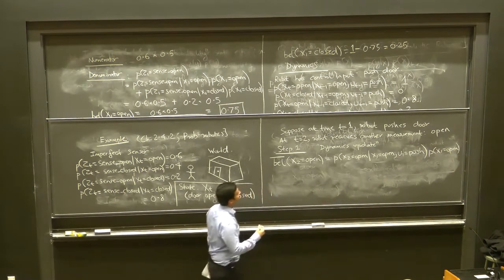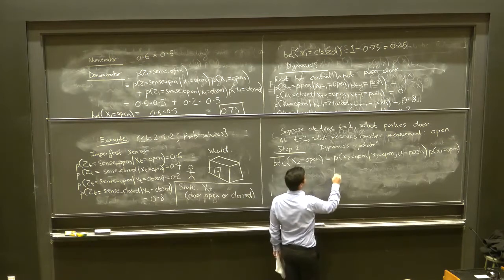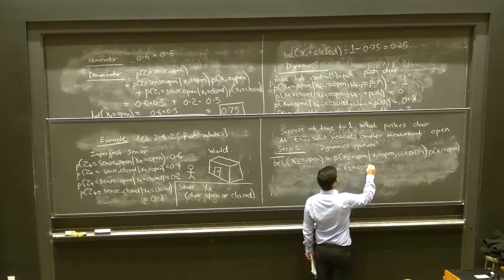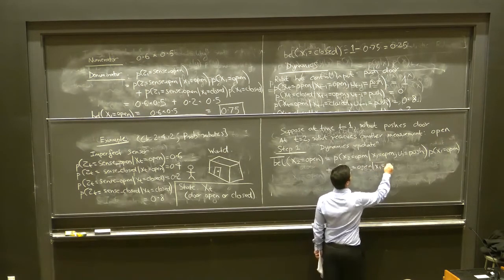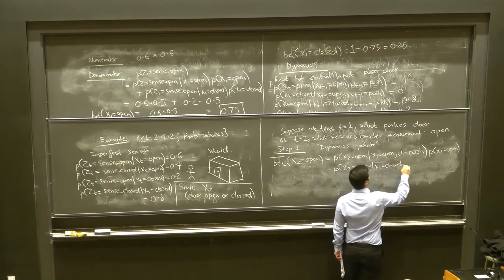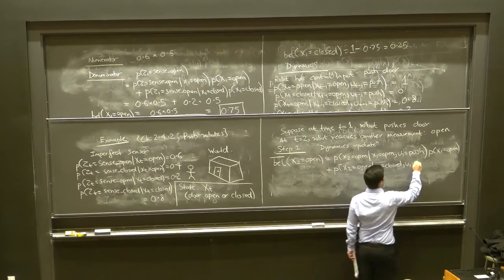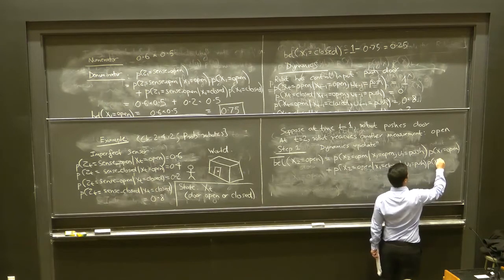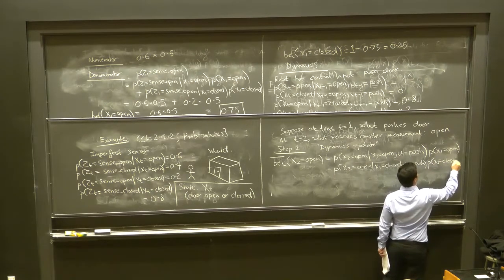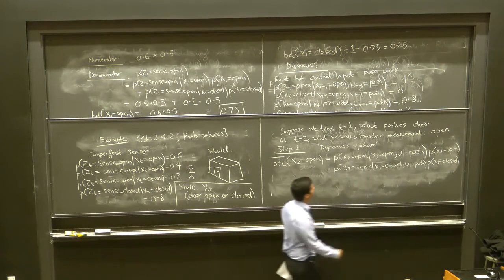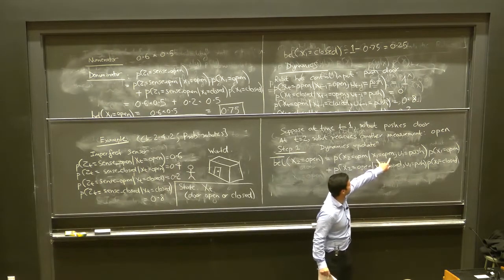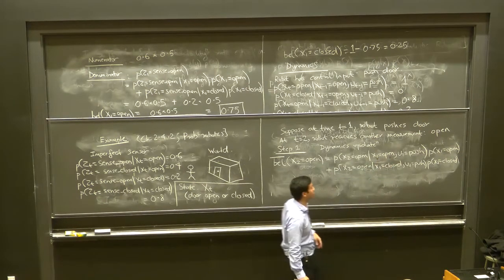We're just applying the law of total probability, so plus the probability that the door is open, given that previously the door was closed, again the action was just pushing, multiplied by the probability that the door was closed. We're just enumerating the possibilities for the previous state. It's just either open or closed.